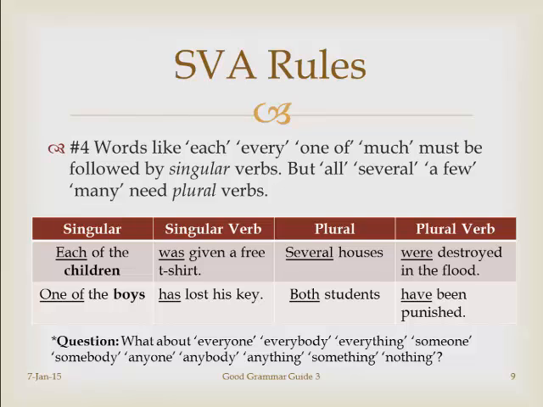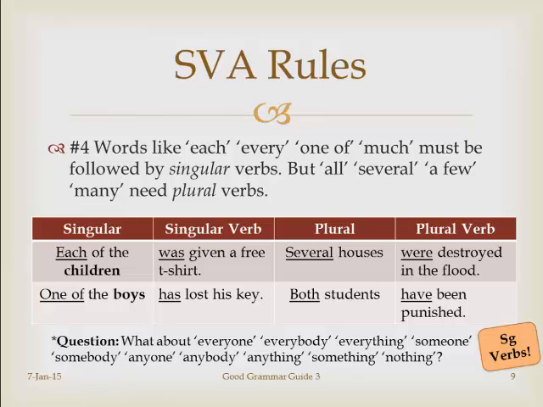What about subjects like everyone, everybody, everything, or someone, somebody, anyone, anybody, anything, something, and nothing? What kind of verbs do they take? Singular, plural? What do you think? Aha! Yes, all these take singular verbs. So, with or with no S?